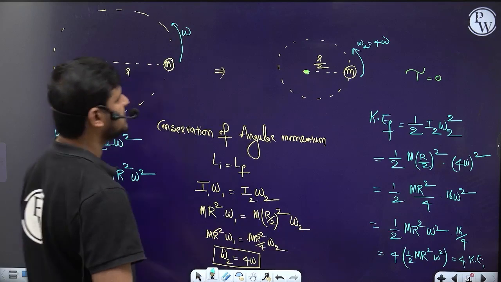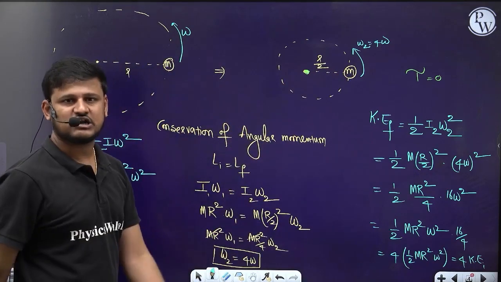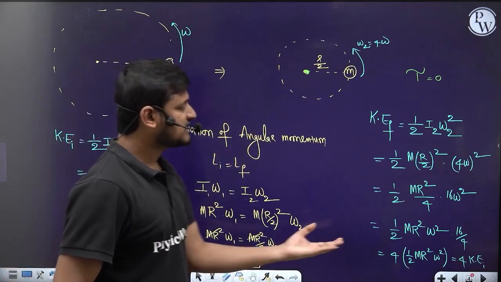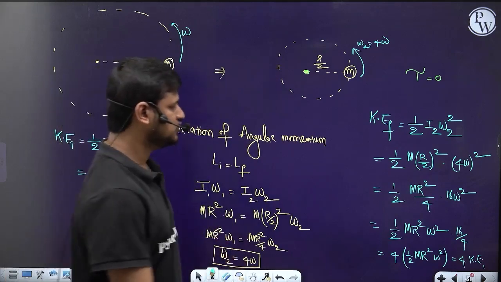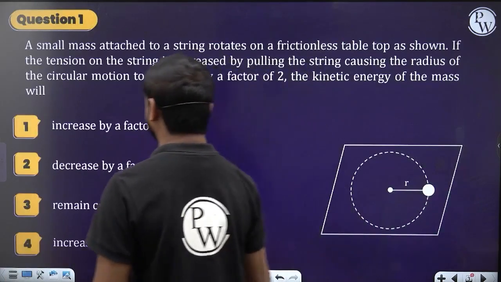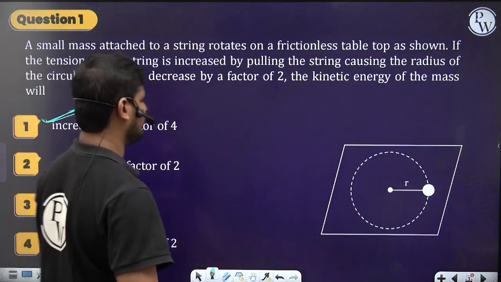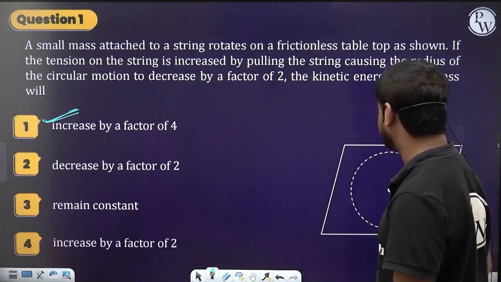So when you decrease its radius by a factor of 2, to r by 2, its kinetic energy increases by 4 times. Clear? So the kinetic energy increases by a factor of 4. Simple question. Done? Clear?